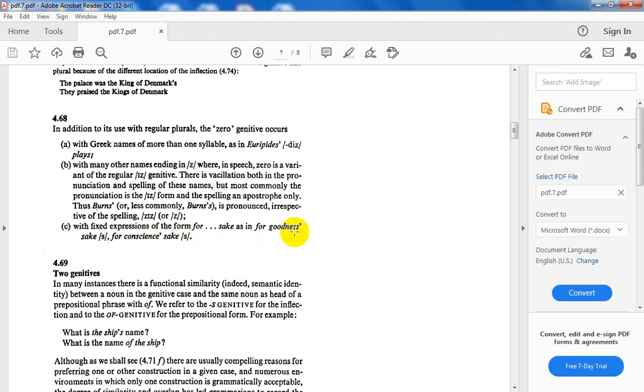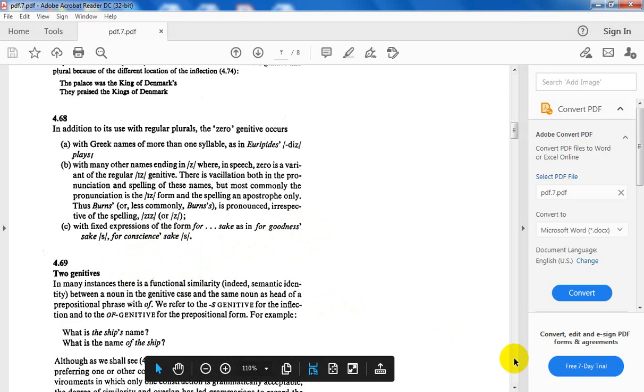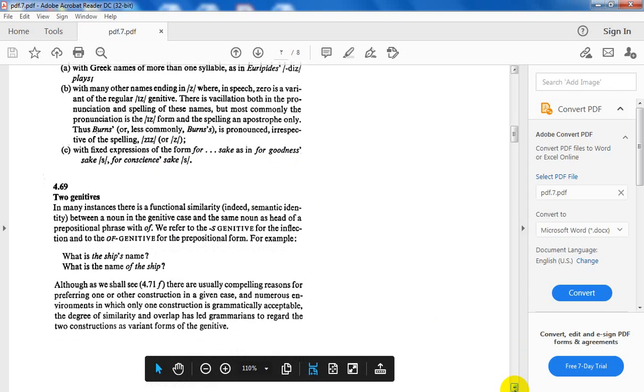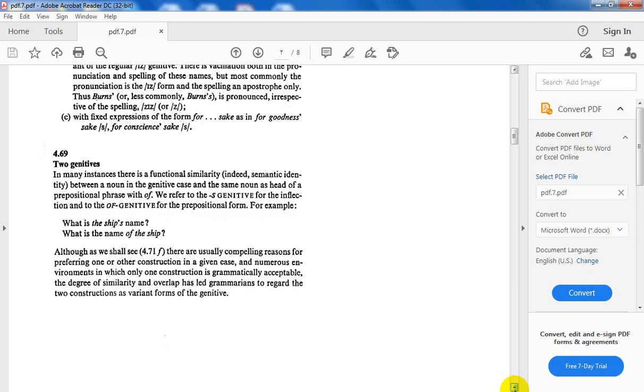Because goodness and conscience end with S, so there is no need for an S genitive, just adding an apostrophe to show that the noun has the genitive case. So what are the forms? They are either S genitive or of genitive.